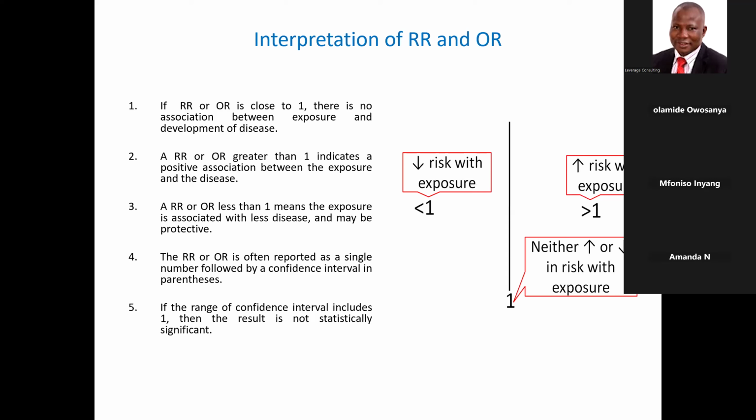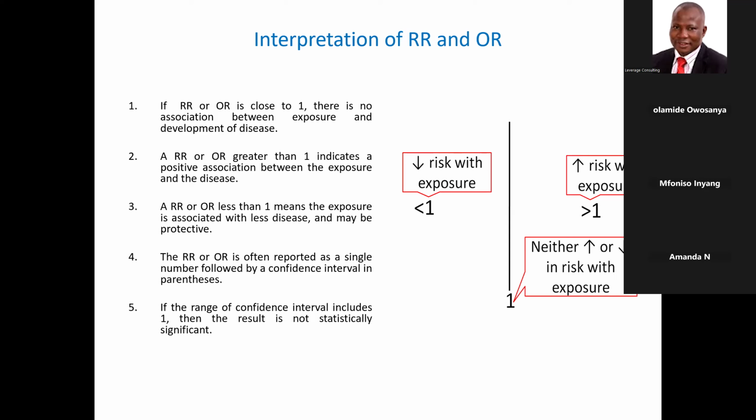If the denominator is higher, the people that are not exposed have more of the disease than those that are exposed. That shows that the exposure is preventing the disease. So when relative risk is less than 1, which is 0 point something, it may mean that it's protective.